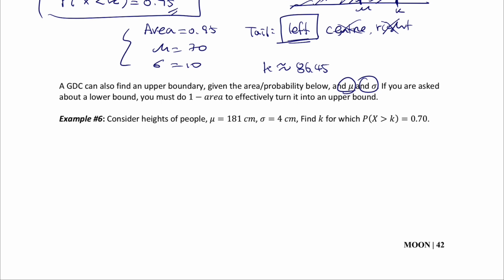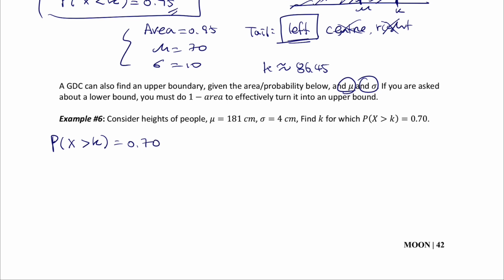If you look at example 6, we need to consider the height with mean equal to 181 centimeter and standard deviation 4 centimeter. We need to find the K for which P of X greater than K is equal to 0.70, right?